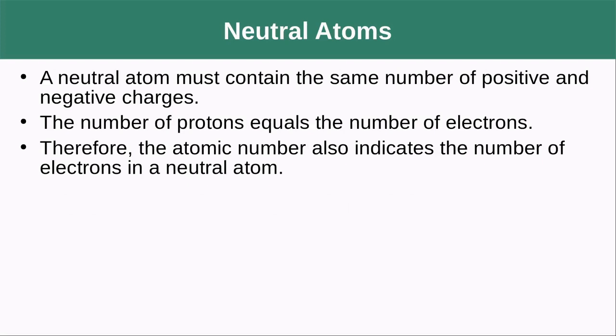So neutral atoms. In order for the atom to be neutral, we need the same number of positive and negative charges. So if you are dealing with a neutral atom, you only have to talk about the number of protons, and then we can assume that there is an equal number of electrons to counterbalance that.